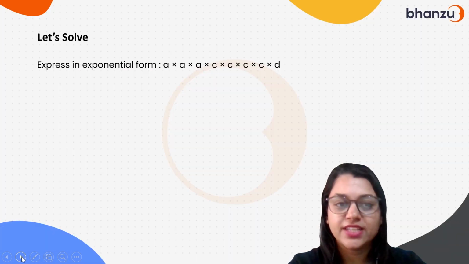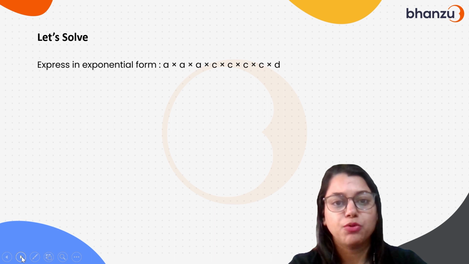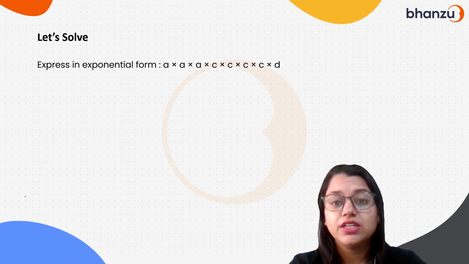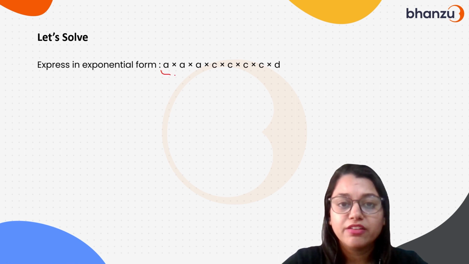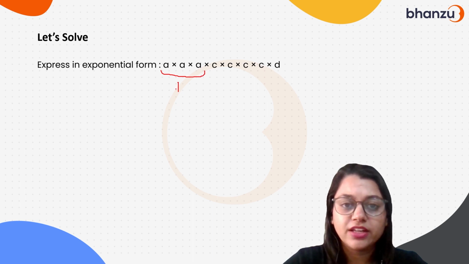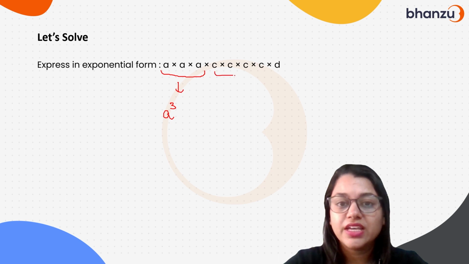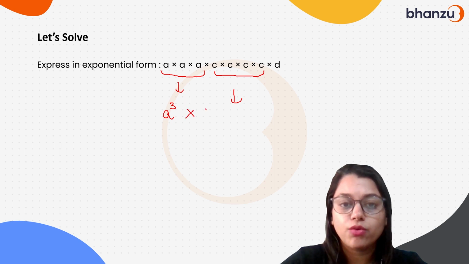Question number 1 says, express in exponential form. We are given a into a into a into c into c into c into c into d. We have a into a into a, which can be written as a raised to the power 3. c into c into c into c can be written as c raised to the power 4.